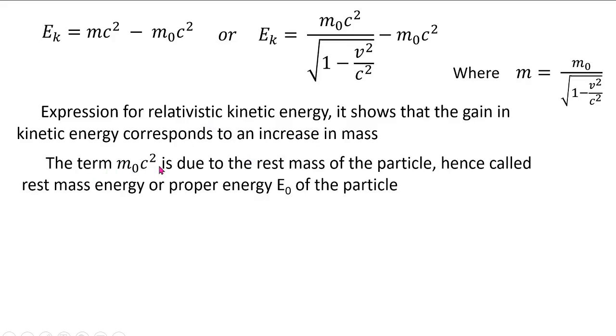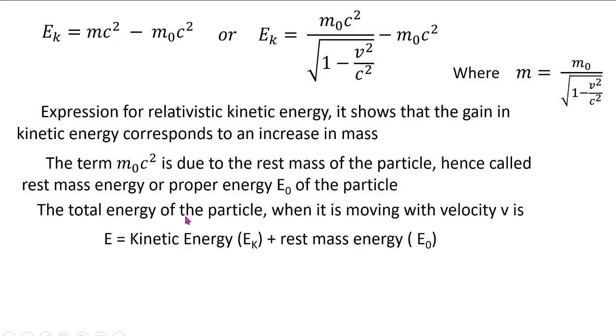The term m0 c square in this expression is due to the rest mass of the particle, because m0 is the rest mass of the particle. Hence, this is called rest mass energy, or proper energy of the particle. When at rest, the energy is rest mass energy.